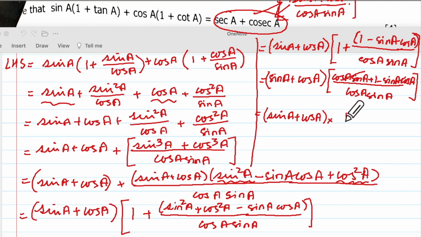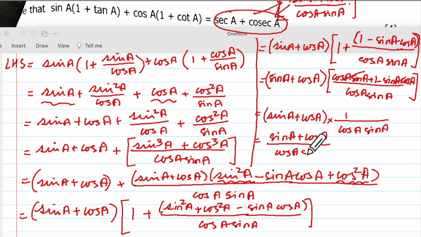And multiplied by 1 upon cos A sin A, which is equal to, now 1 multiplies here, so sin A plus cos A upon what?